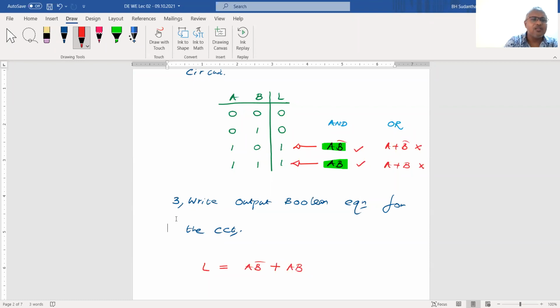Here we don't consider one door only. We are considering two doors, and at the same time we have to consider both doors.